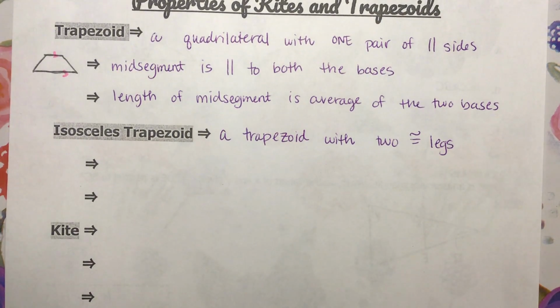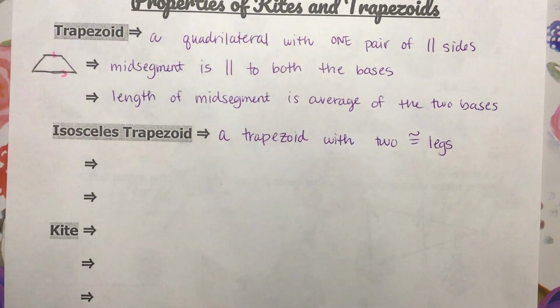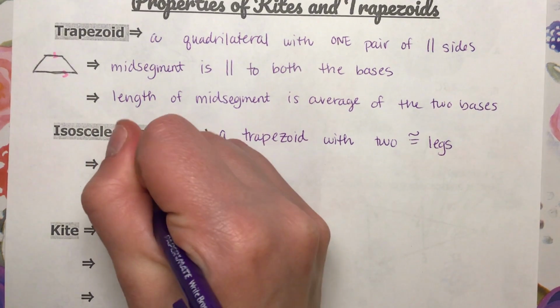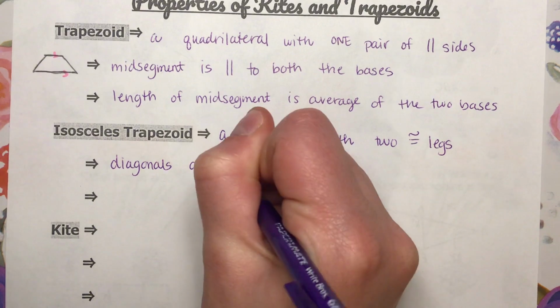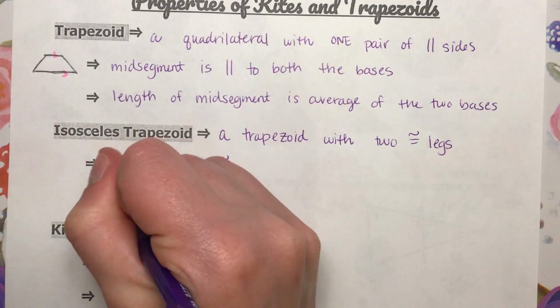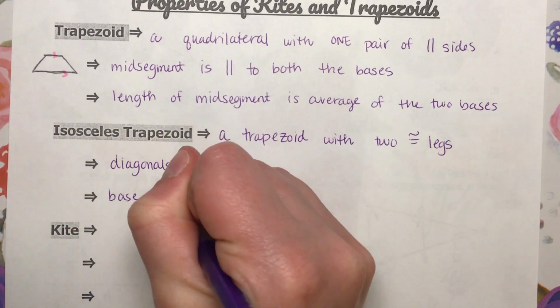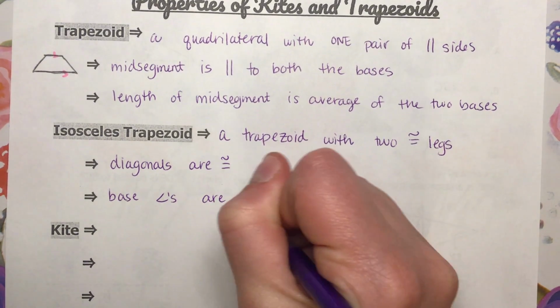Now, because it has two legs that are congruent, that's going to cause more properties for this specific type of trapezoid. To begin with, the diagonals are going to be congruent, and the base angles are congruent as well.